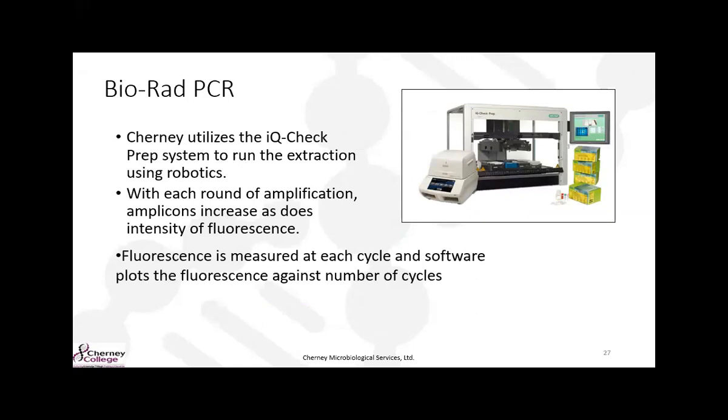Once it's ready, it'll give you a completed PCR plate that you load into the thermocycler, where you'll get those different cycles with the heat temperature rising and lowering. With each round of amplification, the amount of DNA increases, as does the intensity of the fluorescence. The fluorescence is measured at each cycle, and the software plots the fluorescence against the number of cycles.